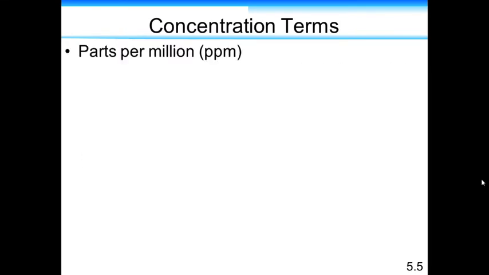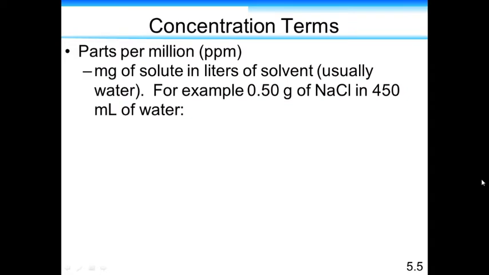Parts per million is another concentration term frequently found on your municipal water disclosure forms regarding pollutants or the addition of chlorine gas, which we'll talk later on about. So parts per million, one way to interpret it is milligrams of solute in liters of solvent.